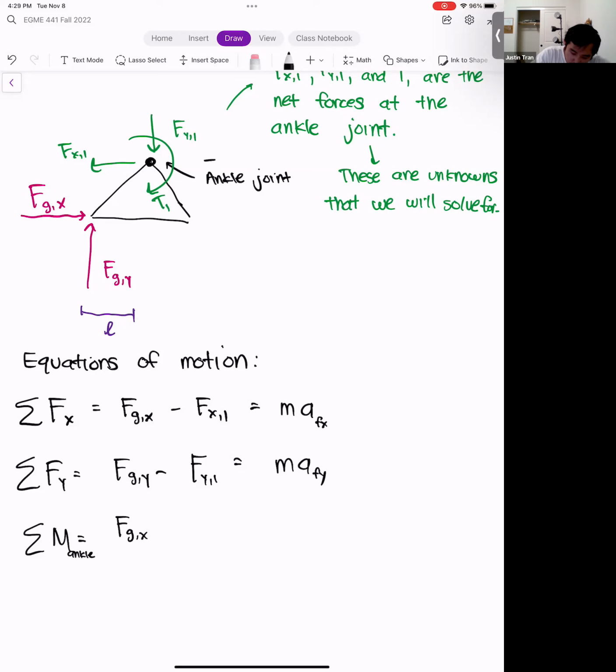I forgot something here. We also know the height of the foot. So the height of the foot is H. And so we have Fgx times H minus Fgy times L minus T1, because T1 is given in the clockwise direction. This is equal to the moment of inertia times alpha.